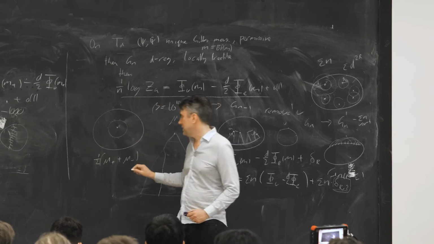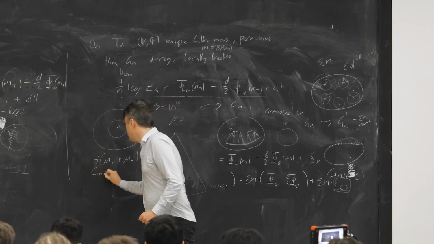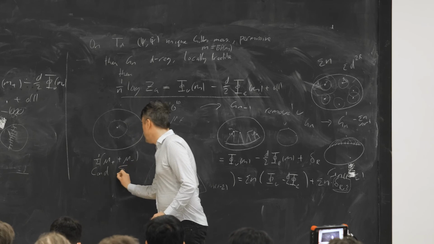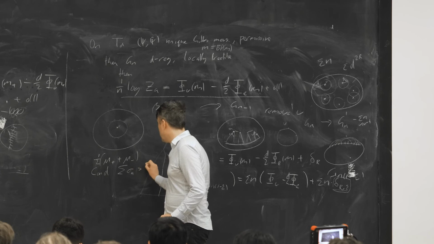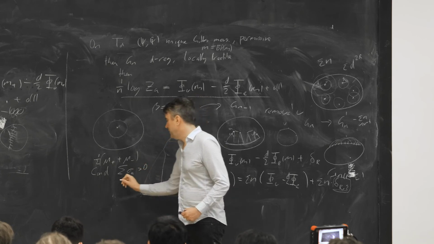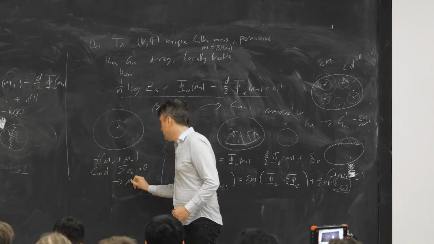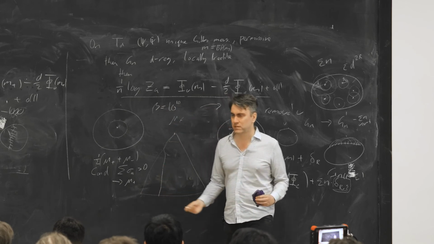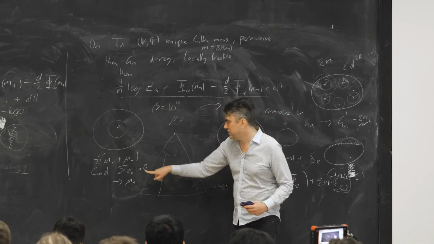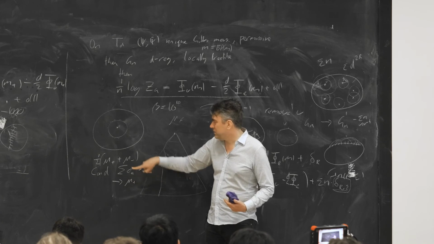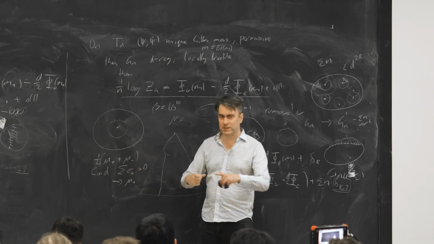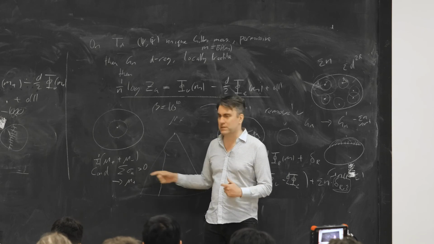If I condition on the magnetization, the sum of the sigmas, being positive, then the local weak limit will converge to the plus measure. So pick a random vertex, look at its local neighborhood, and it will look like the plus measure.